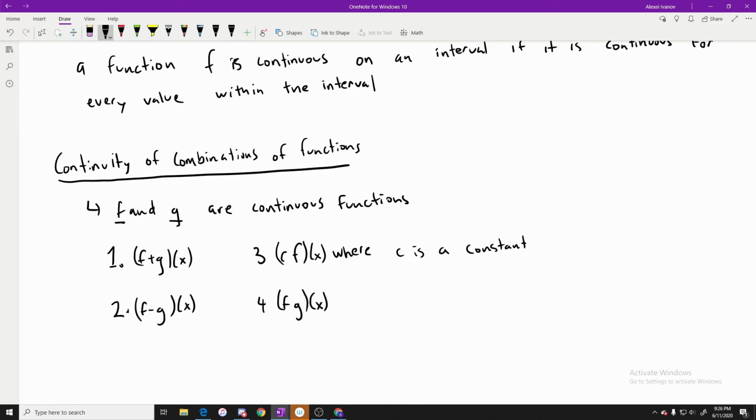And lastly, number 5 is f over g of x, if g of a is not equal to 0, meaning a specific value within the interval of continuity of g. If it doesn't equal 0, then the fifth property will hold. But if it is equal to 0, we're going to get a division by 0 error, so we need to put that constraint on it.